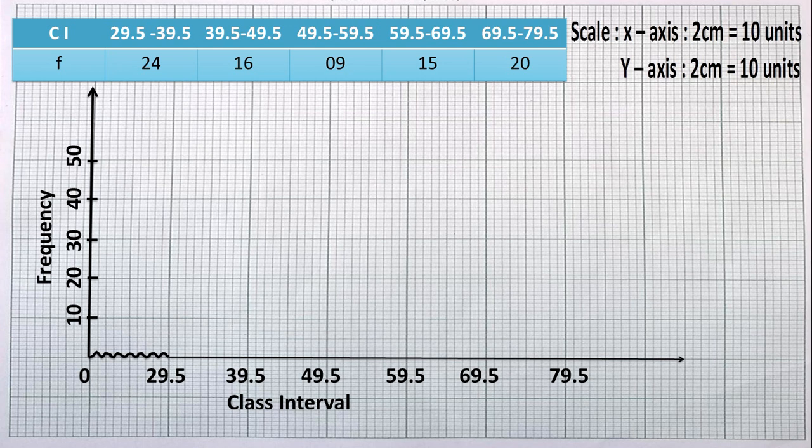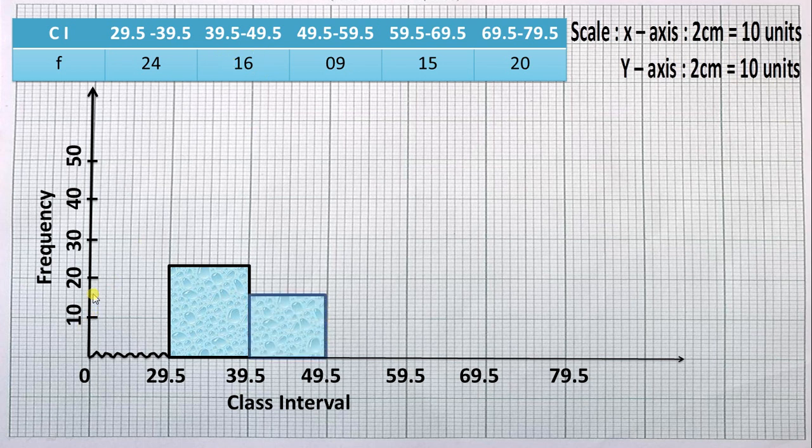The first rectangle 29.5 to 39.5, it is 24. Count 4 lines after 20. 39.5 to 49.5, it is 16.